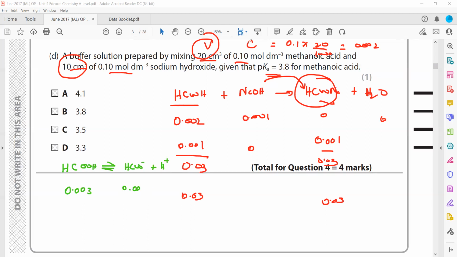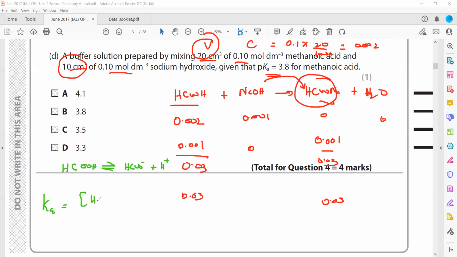Like if we say initially, the buffer solution contains equal amounts. So when we write the expression here, I can substitute the values later. Ka is equal to the product divided by the reactant.